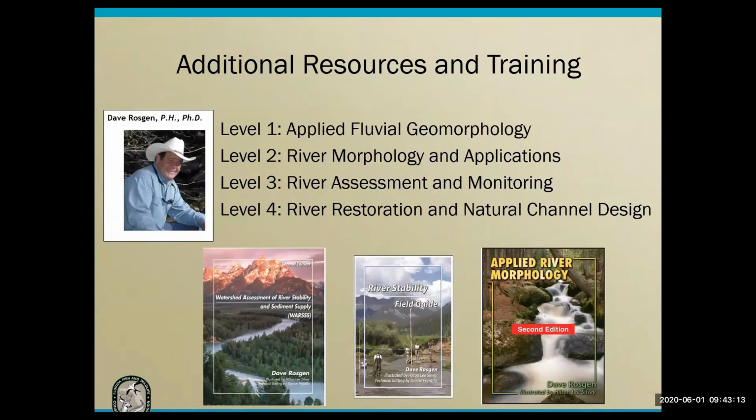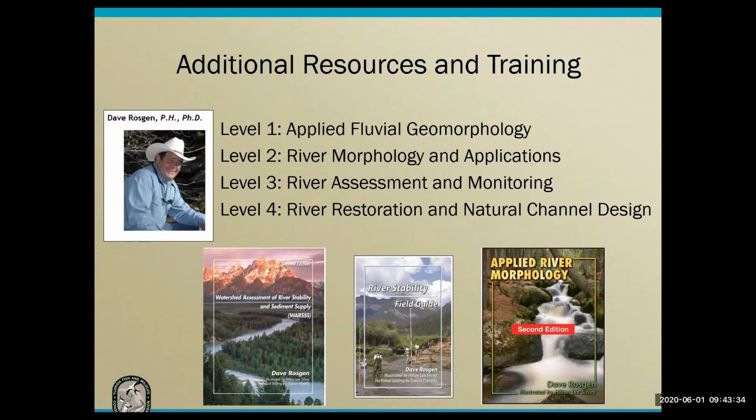Next slide, please. And a lot of Chris's work is all based off Dave Rosgen's work. He's one of the leading restoration and stream assessment scientists in the country. And these are 3 of his books here on the bottom. The Watershed Assessment of River Stability and Sediment Supply, and then he has his River Stability Field Guide.